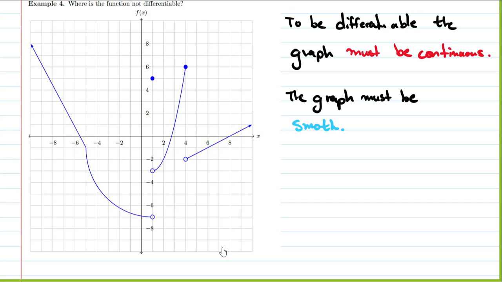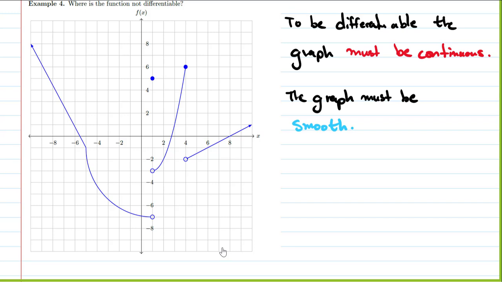And for right now, we're going to leave smooth as an undefined term. So we're going to have it mean what you think it means. It can't be sharp and it can't have any corners. It has to be nice and smooth. What it formally means is that at every point, the limit of the slope on the left is equal to the limit of the slope on the right. That's the more technical meaning of what we have.